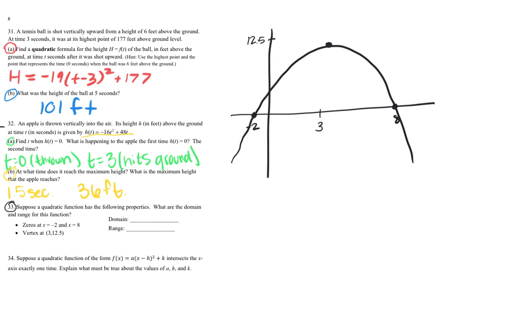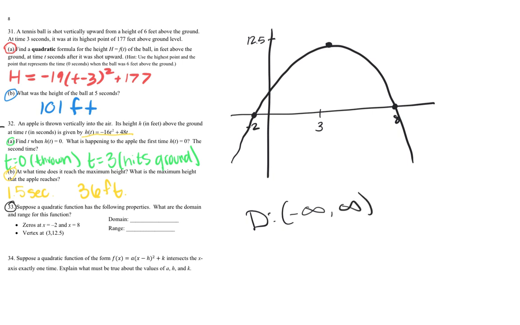So we know that our domain is going to be all real numbers, or negative infinity to infinity, because it's going to touch all these negative infinity values way over here, and it's going to touch all these positive infinity values over here, right? Because this graph goes on forever downwards, right? And so we can say our domain is going to be negative infinity to positive infinity, right?